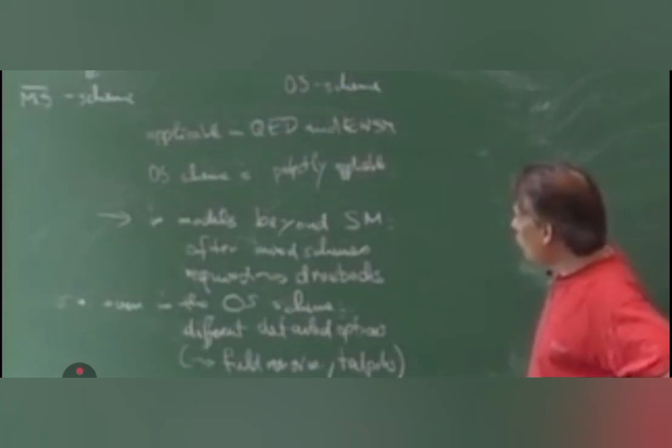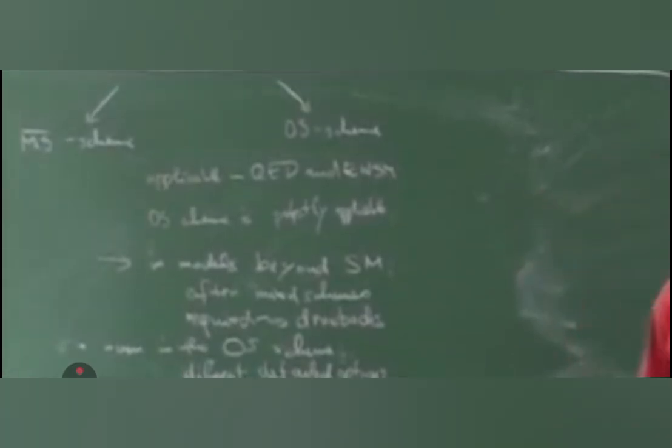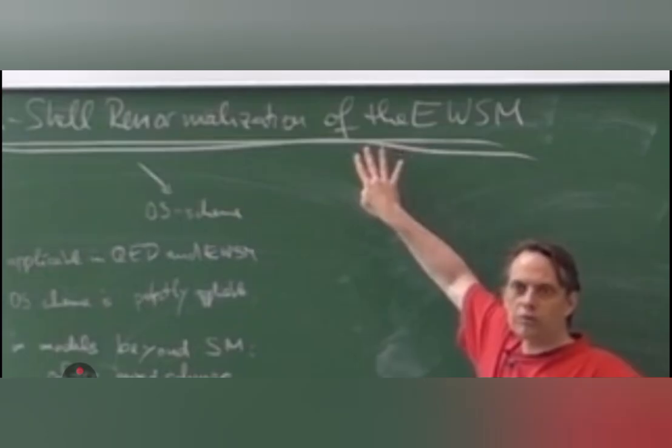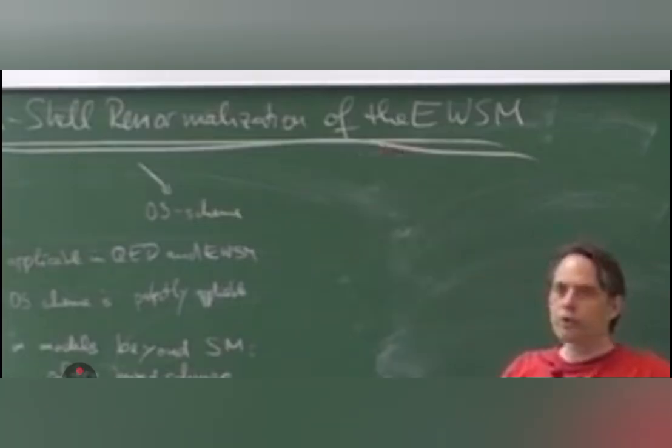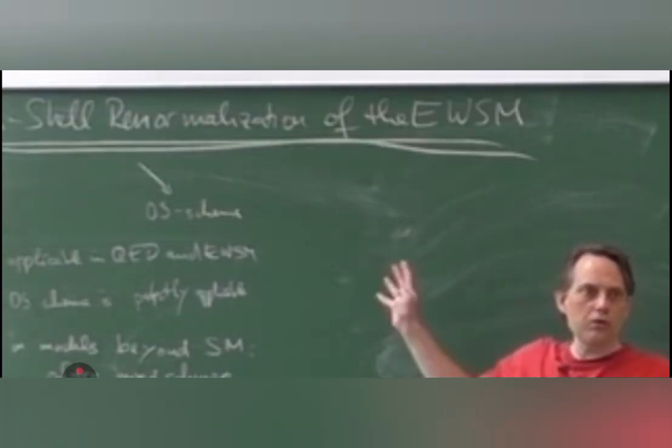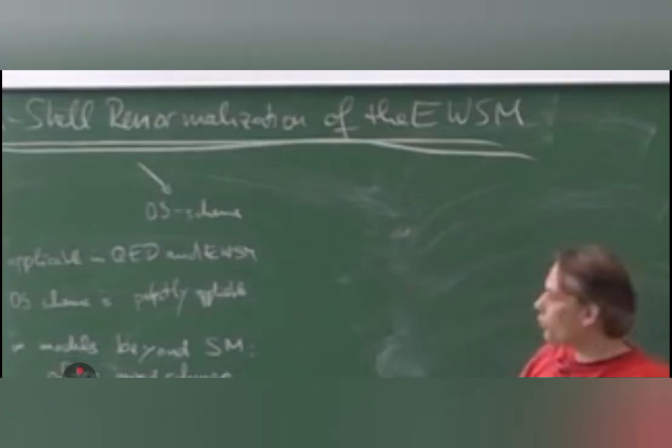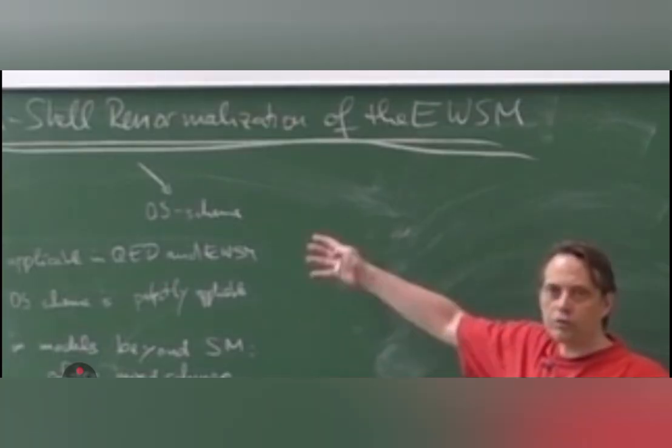So why am I saying this? I am saying this in order to explain that despite the fact that there are many different so-called renormalization schemes which are important and which are discussed in the literature, I believe that for this lecture it is best to start by discussing precisely one scheme and only one scheme, and discuss that in great detail and with a lot of care, such that you understand really well how this single scheme works, and then you have a basis for understanding later on all possible alternatives.